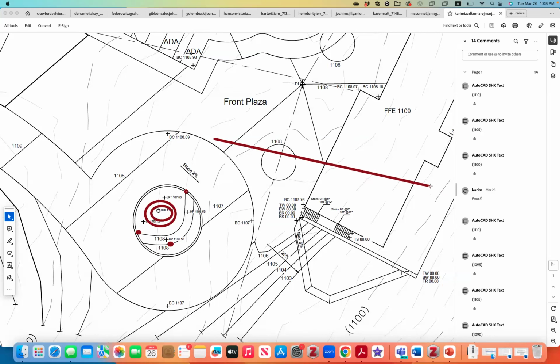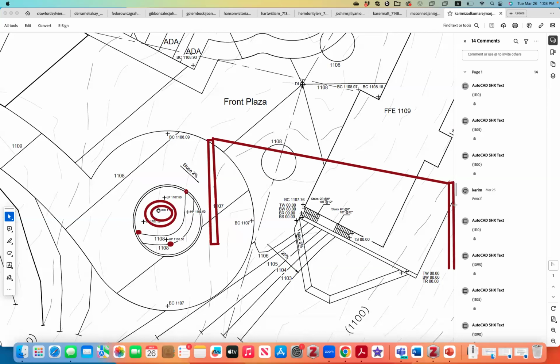Let me think. So that's the curb cut. Curb cut here. And then this is the other curb. Well, you just need to make sure that this curb is higher.